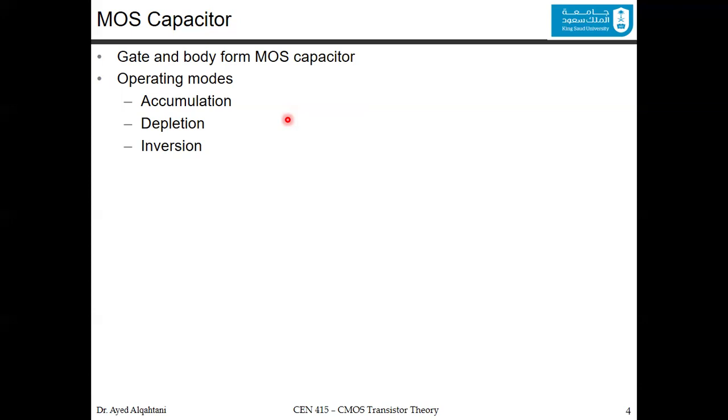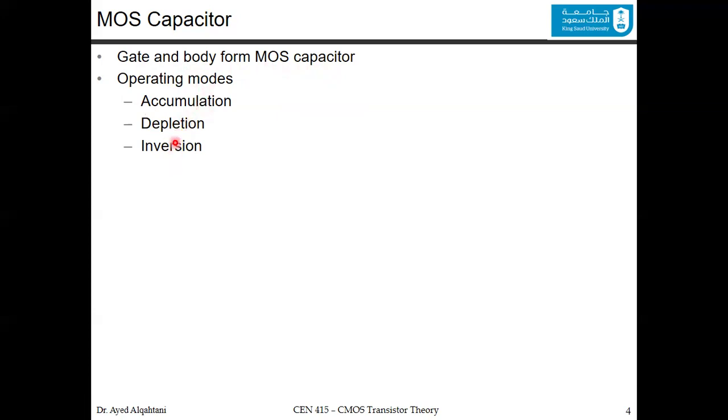If you have this, then you got a capacitor. So now the gate and the body can form a MOS capacitor, and it has 3 operation modes, namely the accumulation, the depletion, and the inversion.